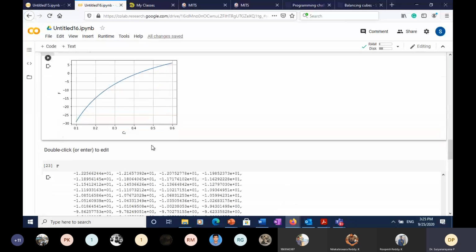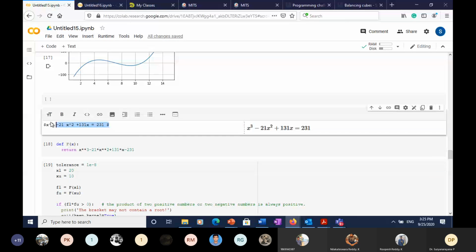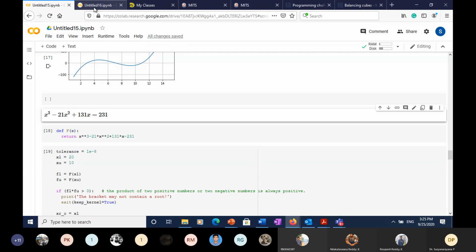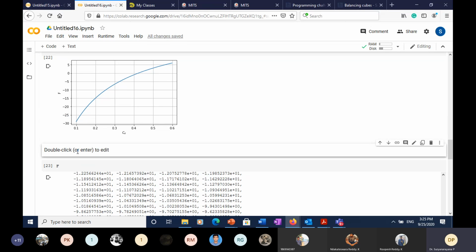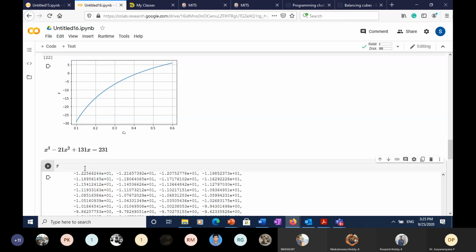Now what we'll do is try to solve this equation here. This is the equation we try to solve. That's a cubic equation.